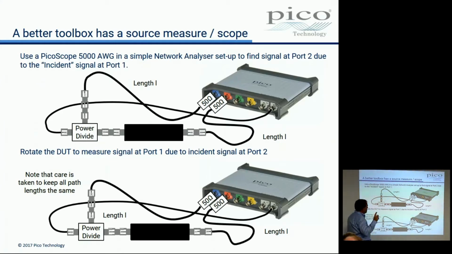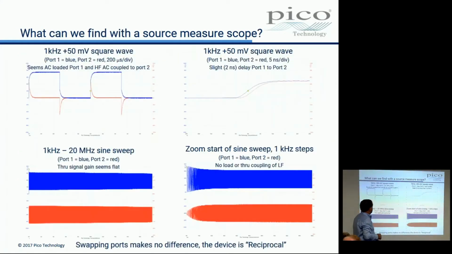And one thing that I've taken particular care on, and you see I had to use multiple adapters to do this, is that the length of this cable and the length of this cable are very, very accurately the same. You'll see why that's important in characterizing a device. And this is what I got.